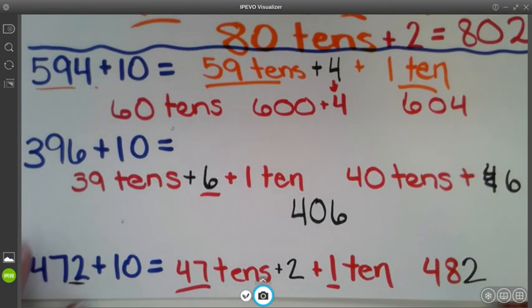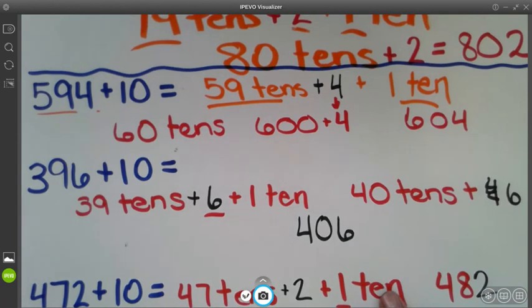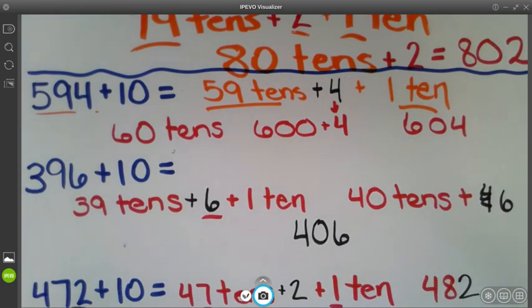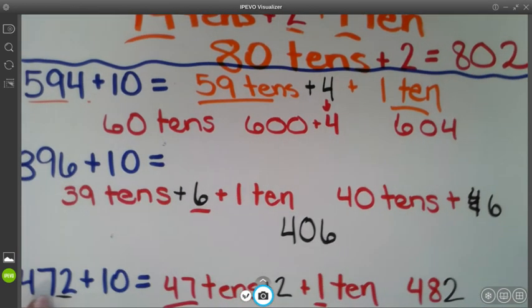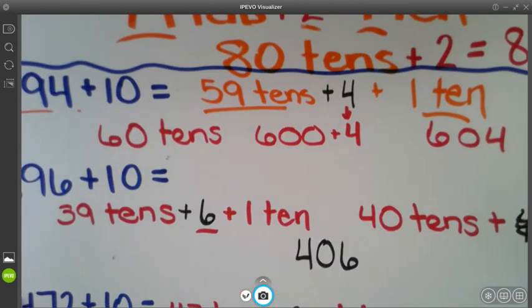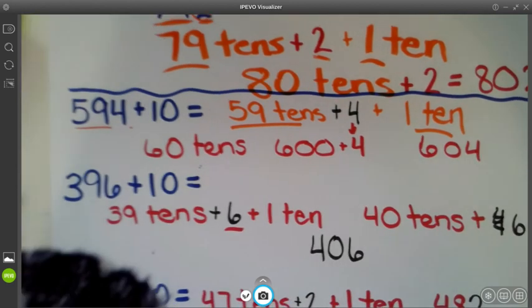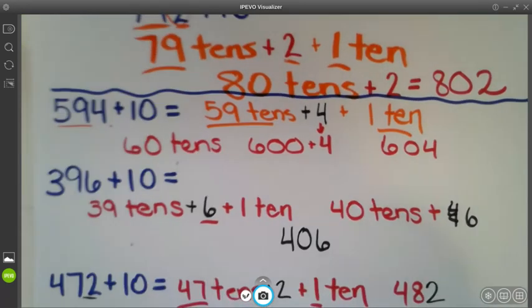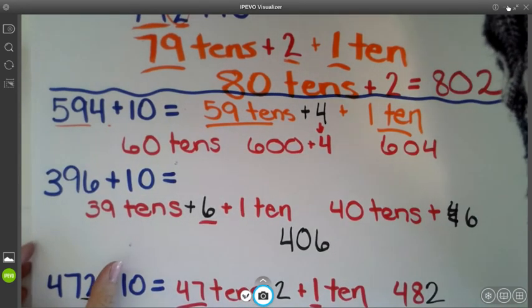Super fun way to add and subtract by tens when you can't do it quickly and mentally, with just changing that one digit in the place value. All right, so guys, we're going to do that exact same thing, but we're going to explore this with some subtraction.